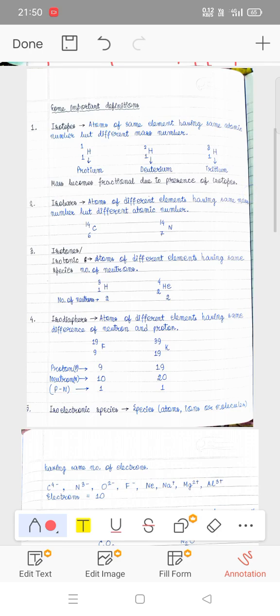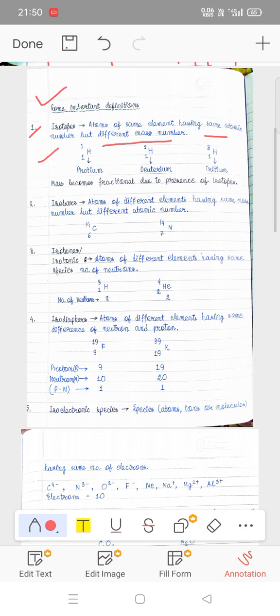Now we are coming to some important definitions. First is isotopes. What is isotopes? Atoms of same element having same atomic number but different mass number.